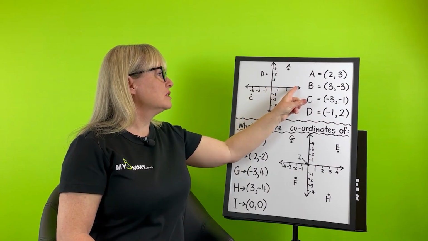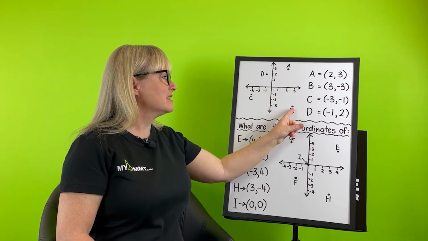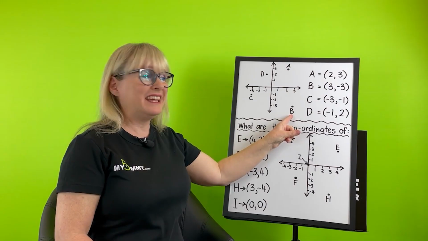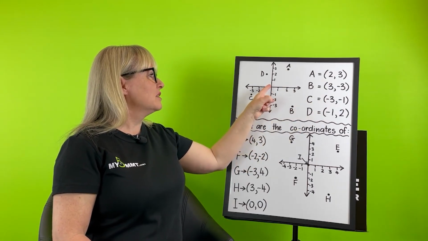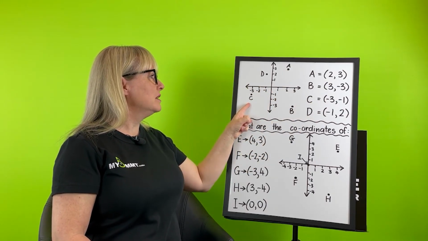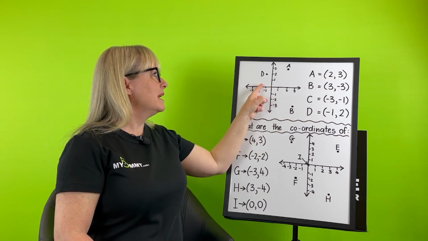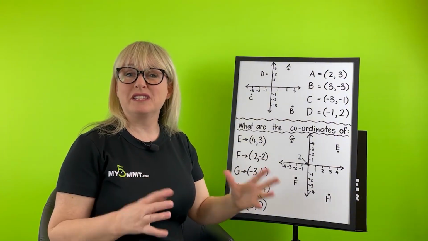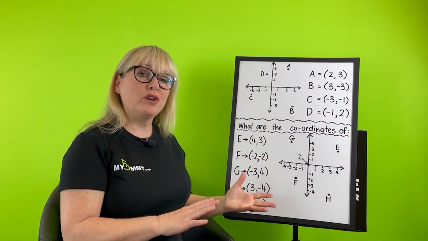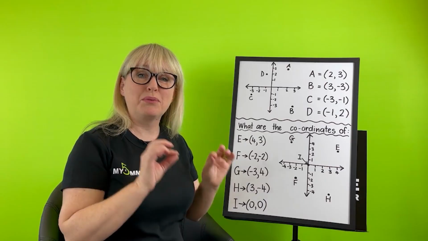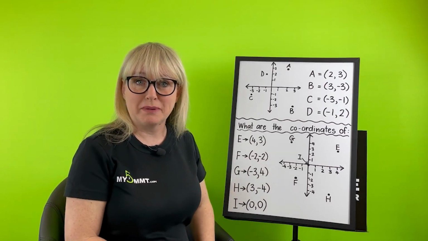So I go across to 3 but down to -3, and that's what I labeled B. You can see C is across to -3 and down -1 is C, and D is -1 but up 2. So it depends if you have positive or negative in there, what you need to do to follow it to put the dotted point on the Cartesian plane.